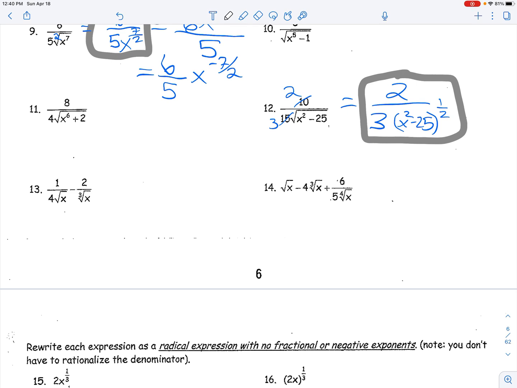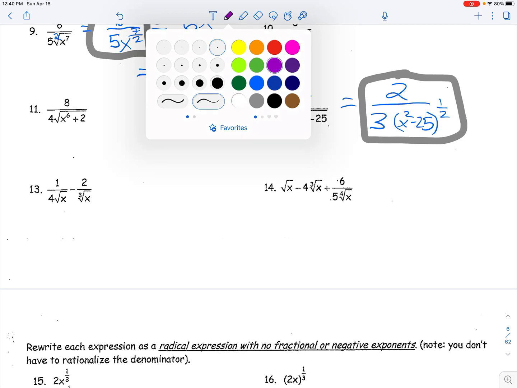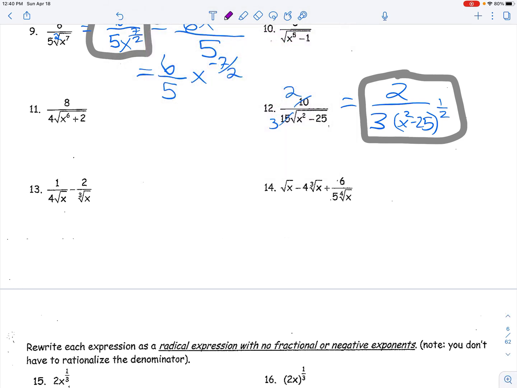Now, square root of x minus 4 cubed root of x, you cannot subtract that, people. They need to be the same, and what I mean by that is something like, if you had 4 radical x minus 2 radical x, that you could subtract.